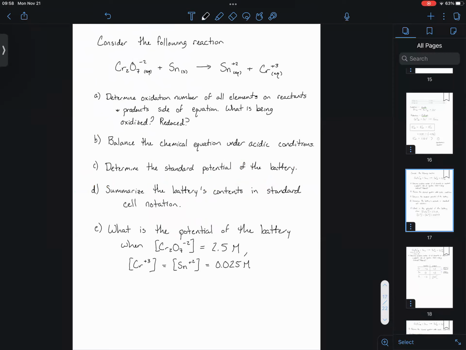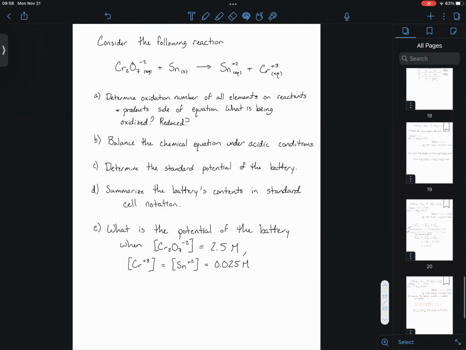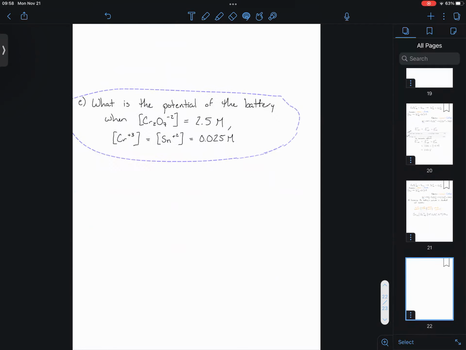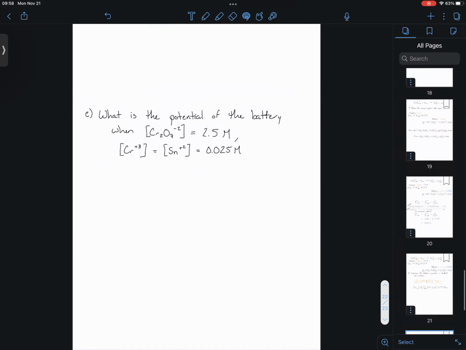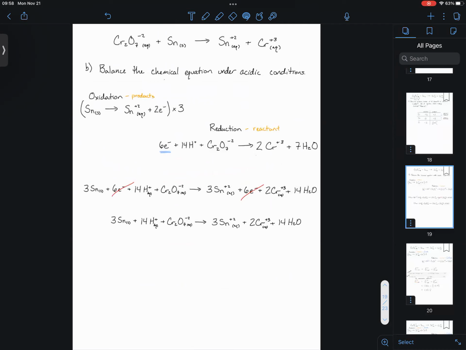All right, and then the last one was: what is the potential of the battery now that we are outside of standard conditions? So I gave you the concentration of all those ions in solution. Let's put this problem here. Let's get our balanced chemical equation so we can get our Q value.